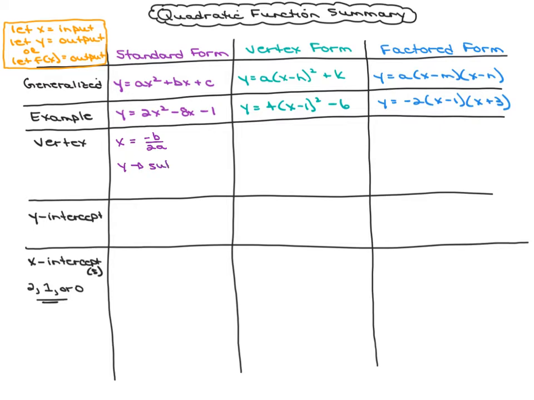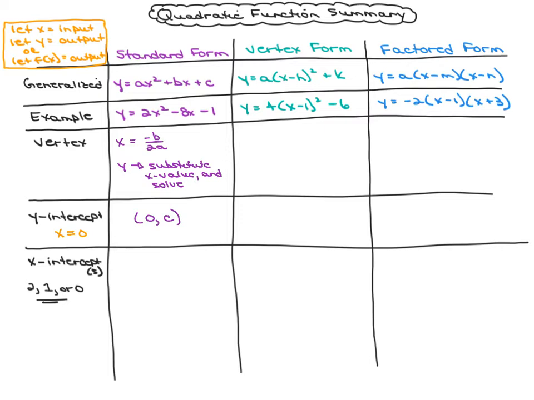So input that x into the function and see what comes out. The y-intercept, an important reminder: x is always equal to 0. So for standard form, when you set x equal to 0, the y-intercept is always c. So this is really helpful. It's really easy to find the y-intercept in standard form.